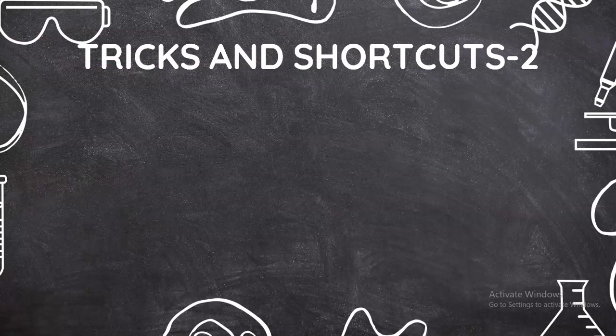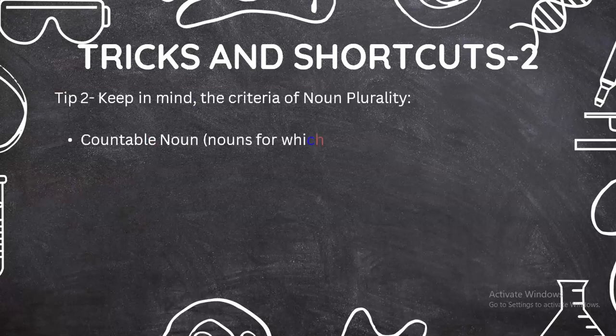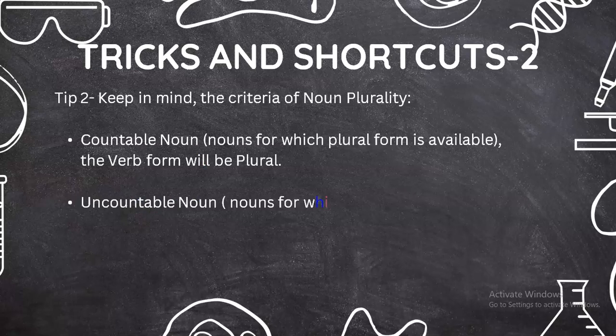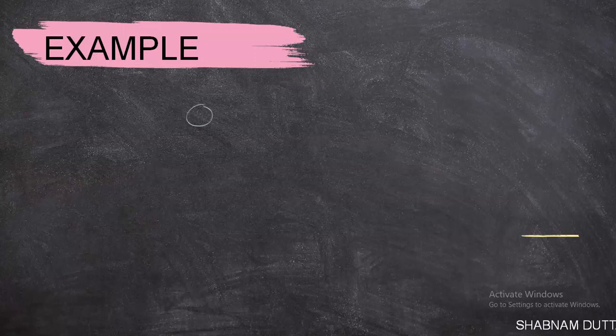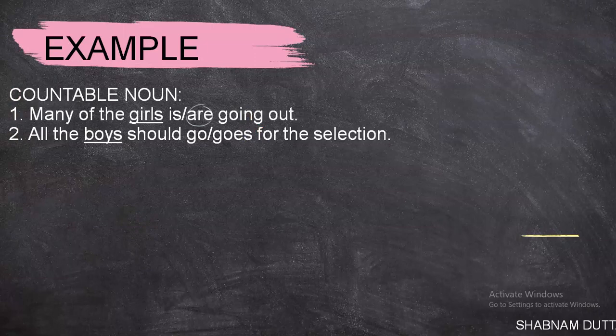Quickly identify and write down in the comment box. Now trick number 2. Keep in mind the criteria of noun plurality. That is, while using a countable noun, the word form will be plural, verb without s. And while using an uncountable noun, you should use the singular form of the verb, that is, verb with s. For example, in the sentence, "Many of the girls dash going out," girls is a countable noun. So the verb will be "are." Got it? Next, "All the boys should go for the selection."